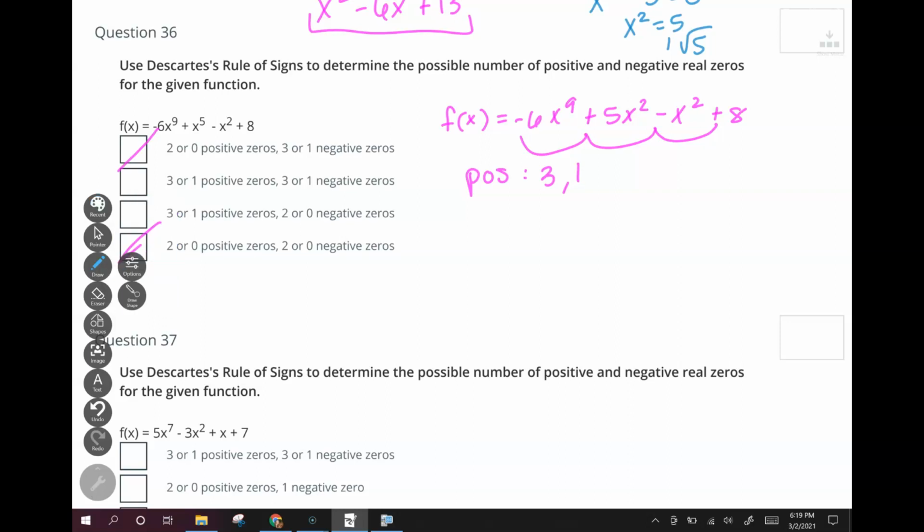Now for your negative real zeros, you're looking at f of negative x. So plugging in negative x for all of your x's. Oops, I wrote that all kinds of wrong right there. It should be x to the 5th. There we go.